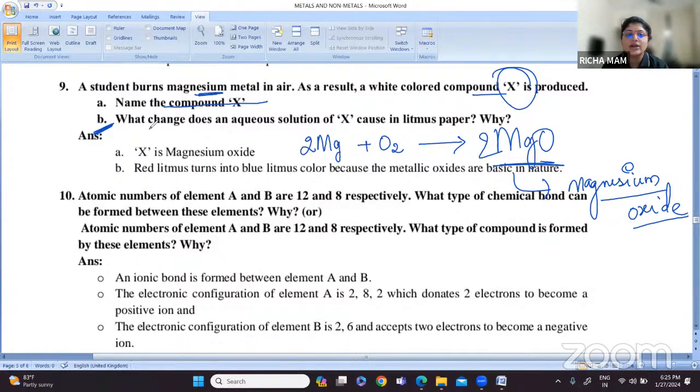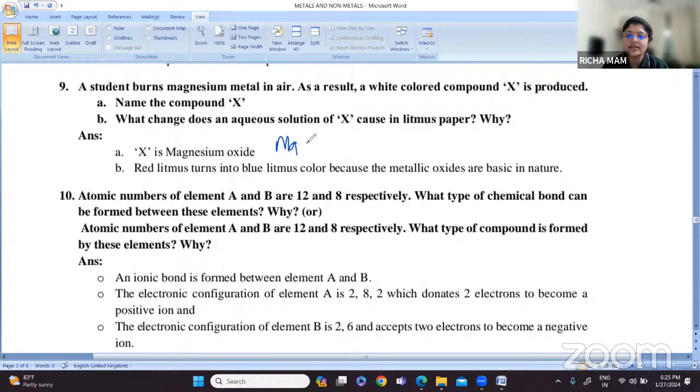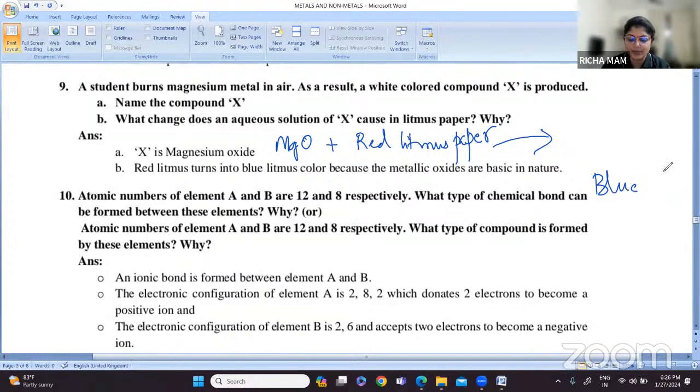Then the B question is, what change does an aqueous solution of X cause with litmus paper? Suppose I take a red litmus paper. When you react it with MgO, it turns blue.